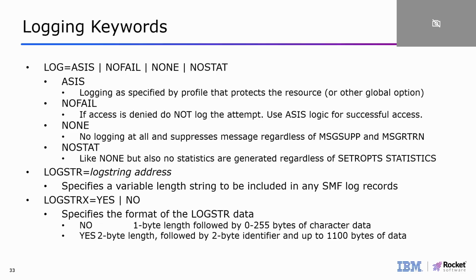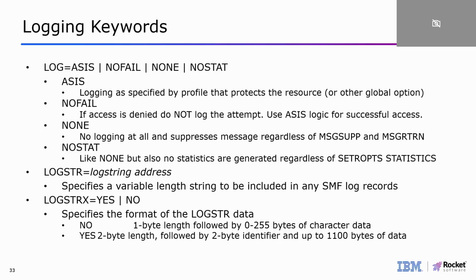Logging keywords. You've got three here. You've got LOG=ASIS, which is as specified by the profile that protects the resource or any of the global options. LOG=NOFAIL: if access is denied, do not log the attempt, and use as-is logic for successful access.